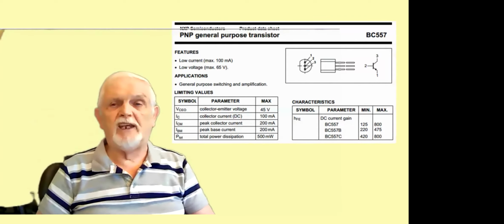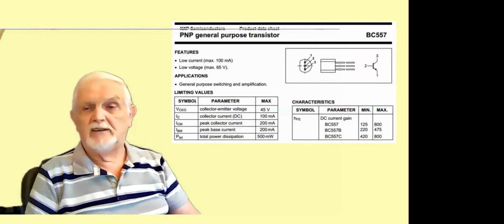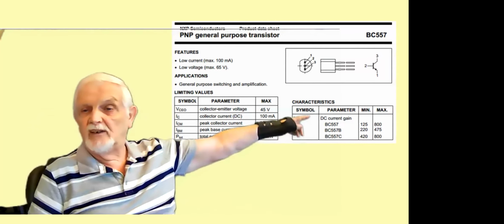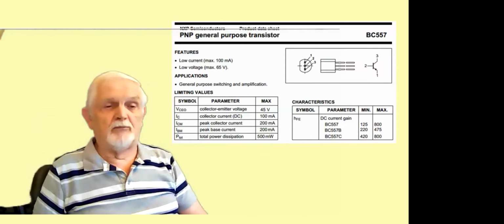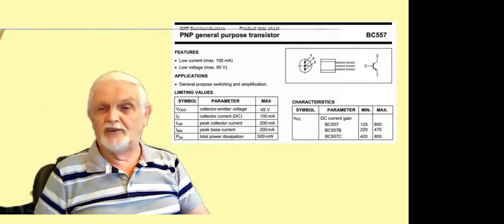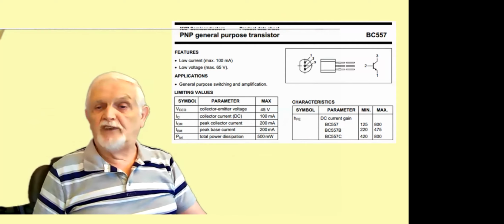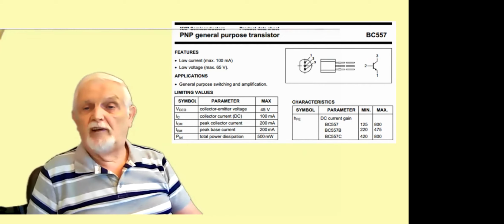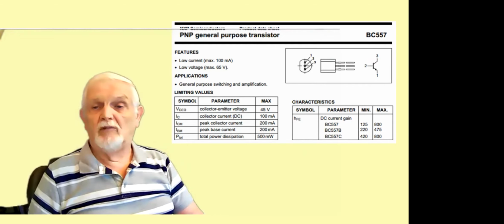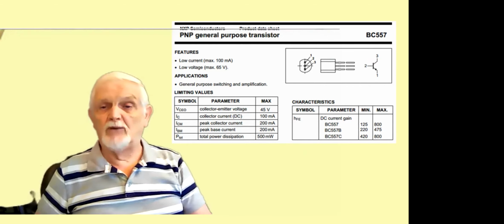There's a spec for the 557, and you'll see along the very end here that they're not precision components. You'll see there, the BC557 has got a maximum gain of 800, but they only guarantee a minimum of 125.